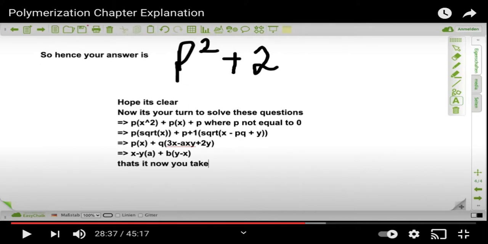Now fourth problem. If x minus y is of a plus b of y minus x, in this problem, take it as x of 1 minus y of a plus b of y minus b of x.